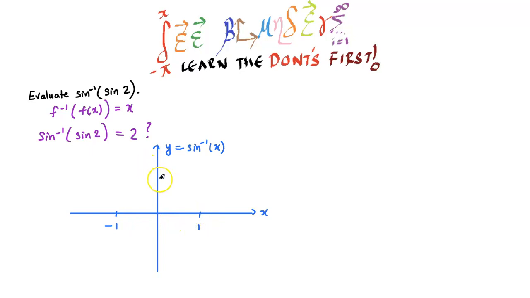And the range, the way we define it, has to be between pi by 2 and minus pi by 2. So sine inverse of 1 would be pi by 2. Sine inverse of 0 would be 0. Sine inverse of -1 would be minus pi by 2. So we would have something that looks like this.